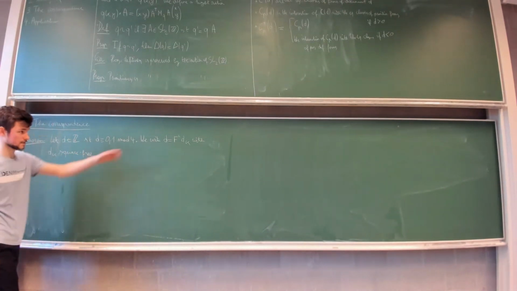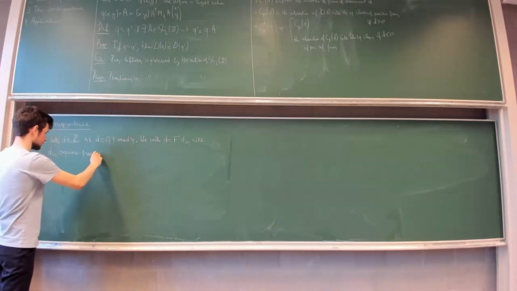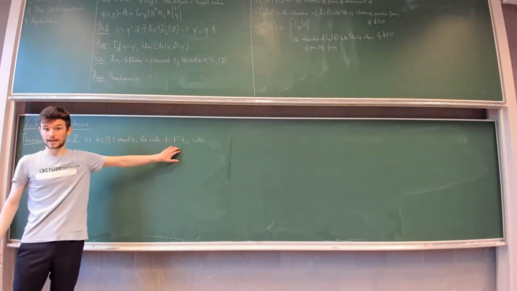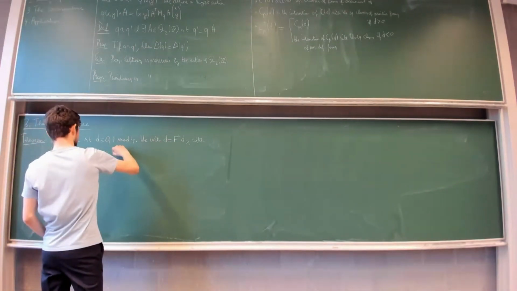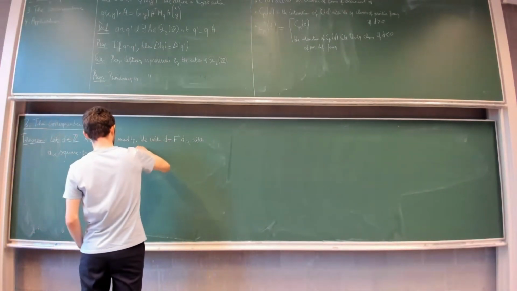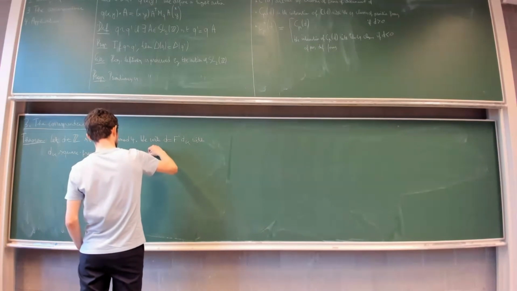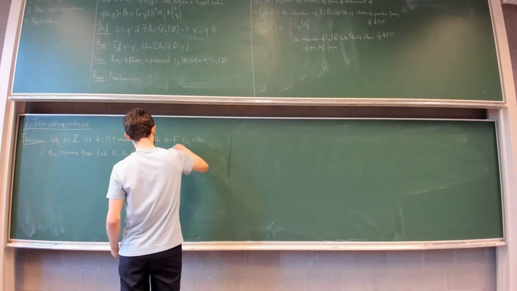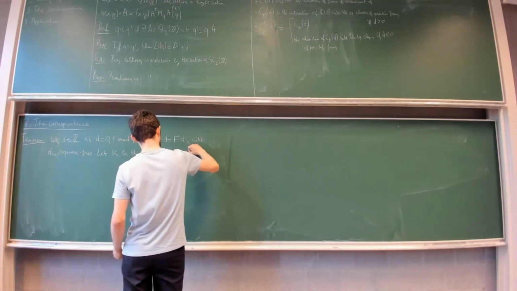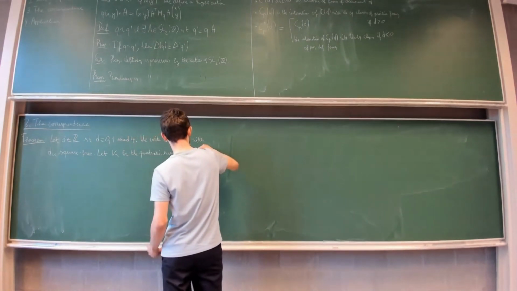You might see where I'm going with this notation, because we can now view dk as a discriminant of a quadratic field. So we say that K is the quadratic number field of discriminant dk.